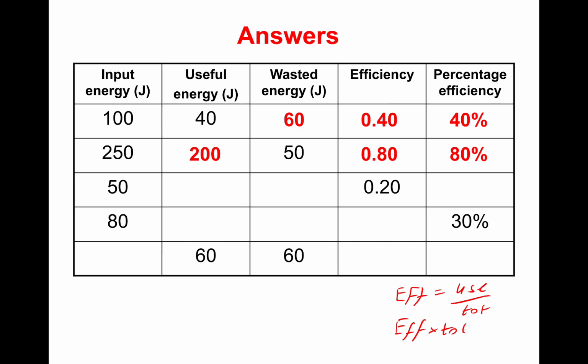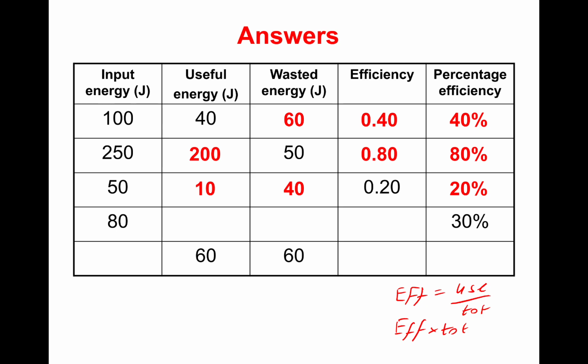So we've got 0.2 times the total input energy of 50, which gives us 10 joules. Wasted, we need to do the total input 50 minus the useful energy. So 50 minus 10 gives us 40. And if the efficiency is 0.2, then the percentage is obviously 20%.